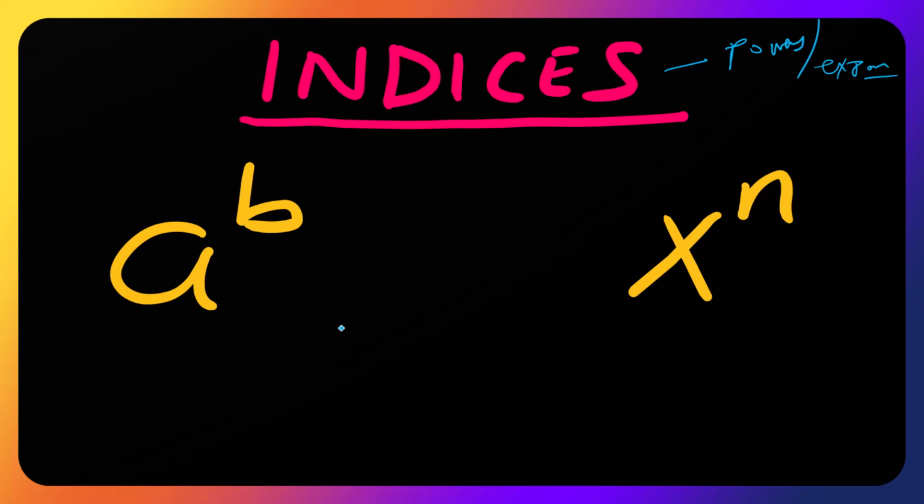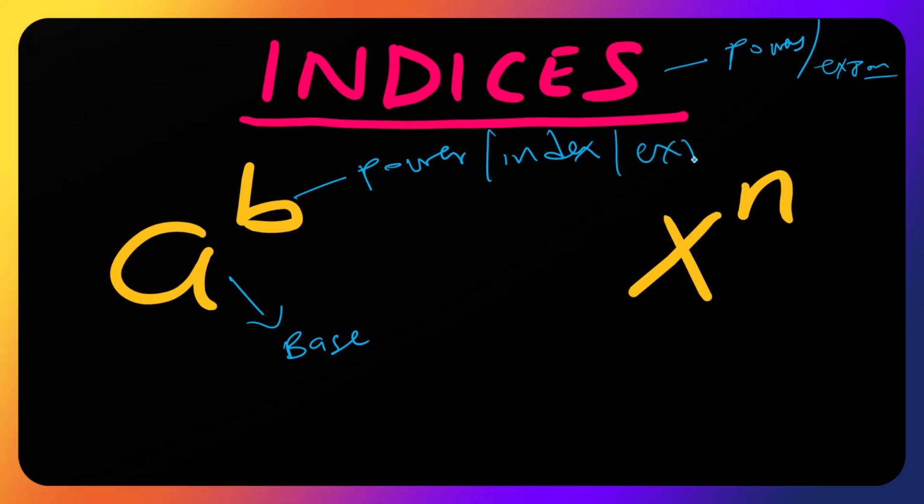When you see something like this, it is pronounced A exponent B, or you can say A raised to B. We call this one the base and this one the power, or index, or exponent. So it has many names. We have a similar one here. This is the base and this is the power or index.